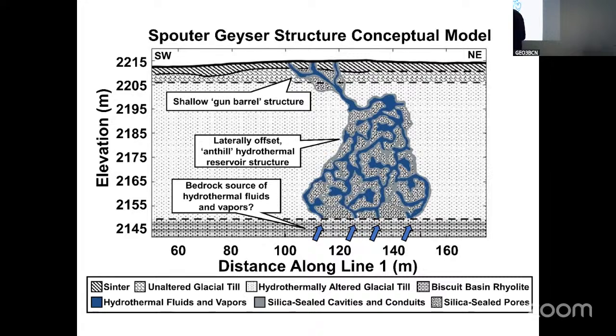Now, I would argue, and we haven't really proved this, that the formation of where the gun barrel starts to happen is usually about where the static water table is, okay? If you think about it, diffusion, all of this is under the water table, all right? So hot water is displacing cold water to create this structure.